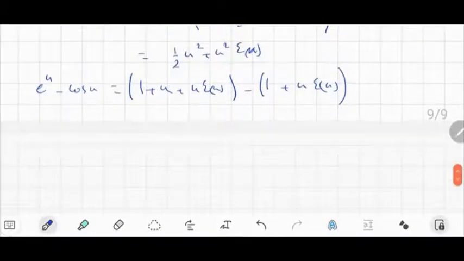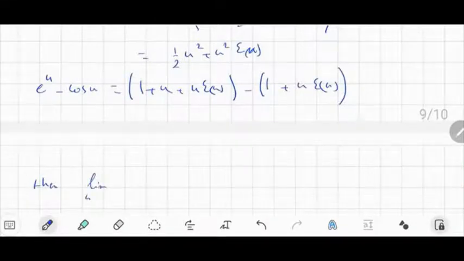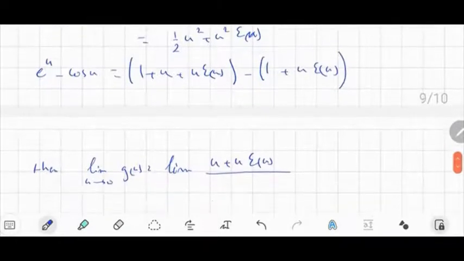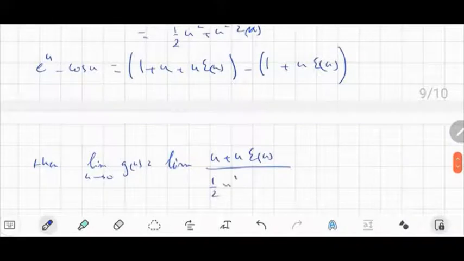Then the limit as u tends to 0 of g of u is equal to the limit of u plus u epsilon of u in the numerator over half u squared plus u squared epsilon of u in the denominator when u tends to 0.